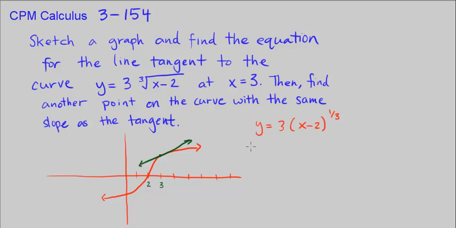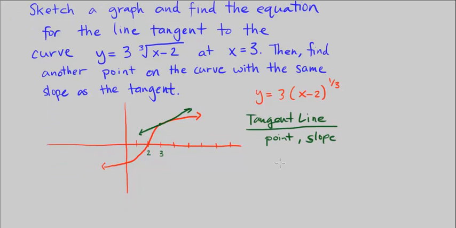To write the equation of a line, what do we need? We need a point and a slope, or 2 points. We have a point. At x equals 3, what is the y value? Let's find that out.